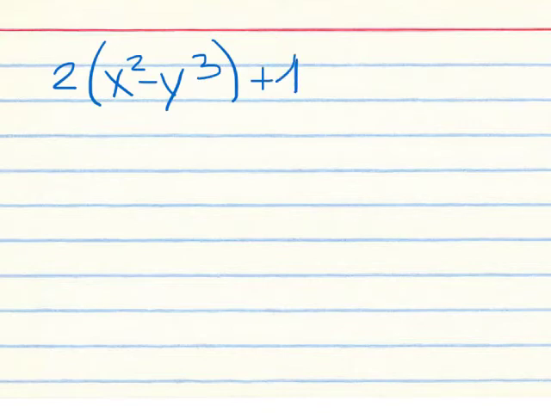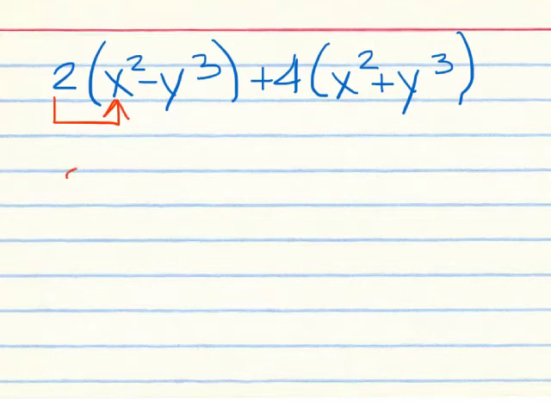In this problem, we will have 2 times the quantity of x squared minus y to the third plus 4 times the quantity x squared plus y to the third. Step 1 is to multiply through the parentheses by the number that is attached to it. 2 times x squared is 2x squared.